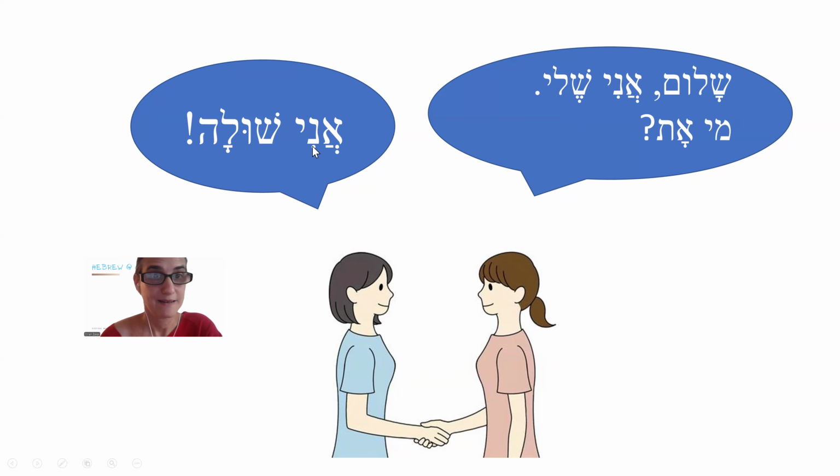Ani Shula. Okay? So, shalom, hello, ani Shirley, I am Shirley. Mi, at, who are you, in the feminine? Ani Shula.